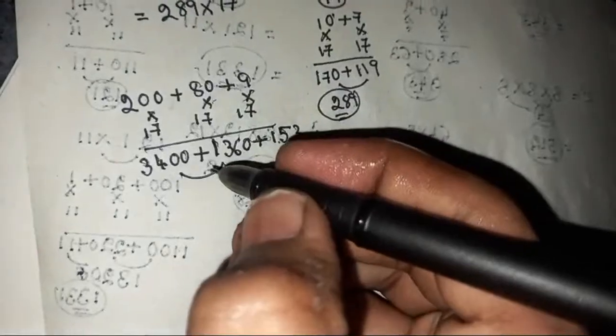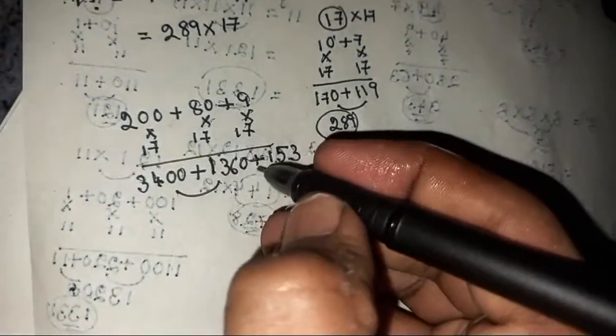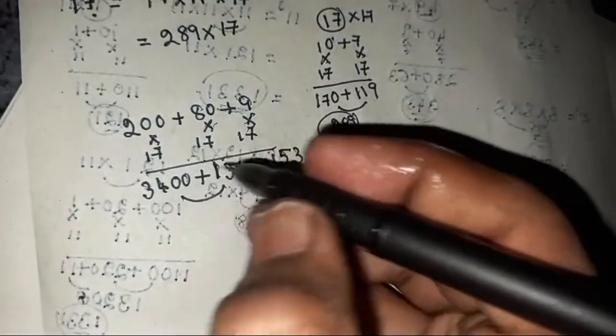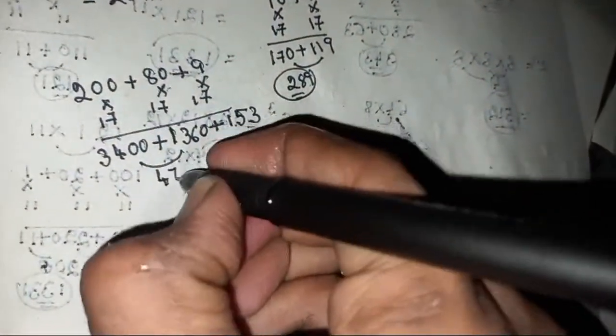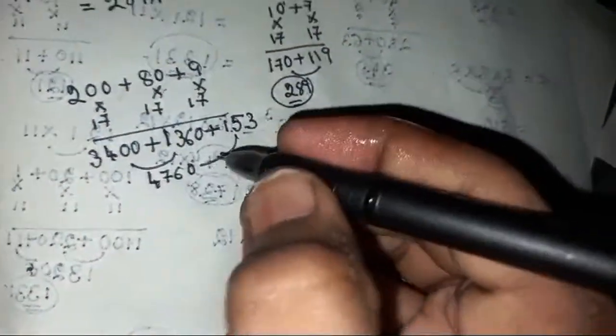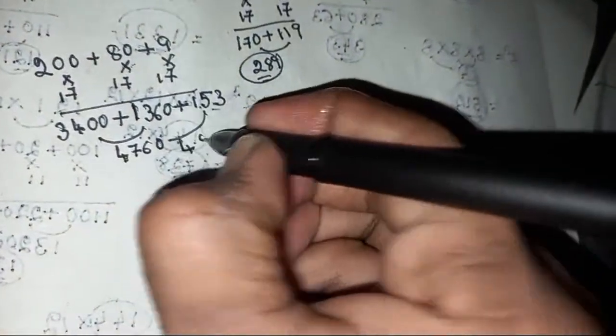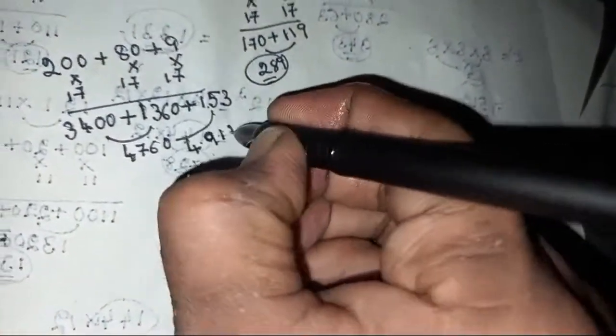Here you add, you going to get it as 3400 plus 1360, 4760. 4760 plus 153, 4913.